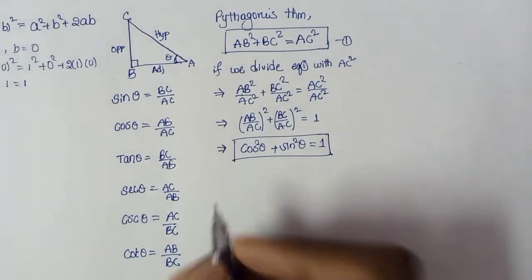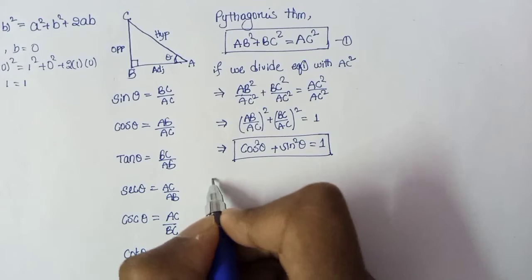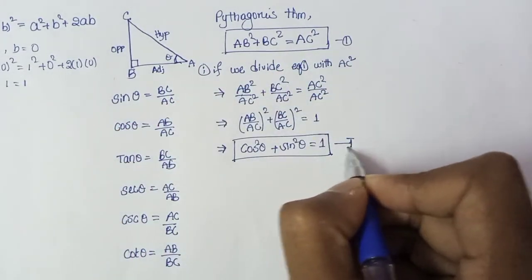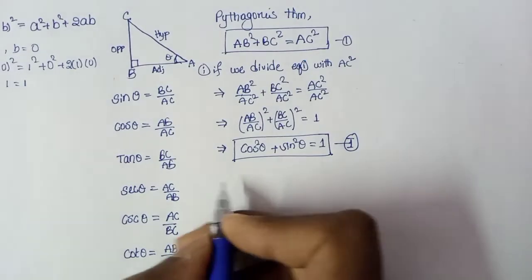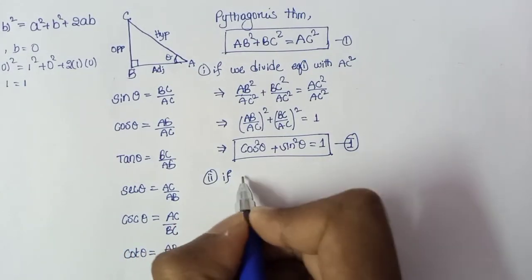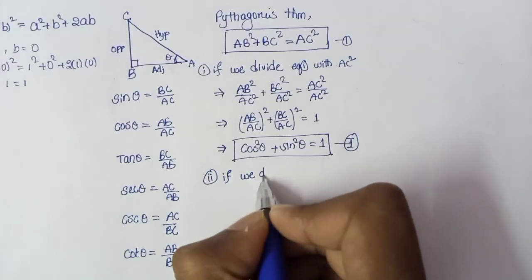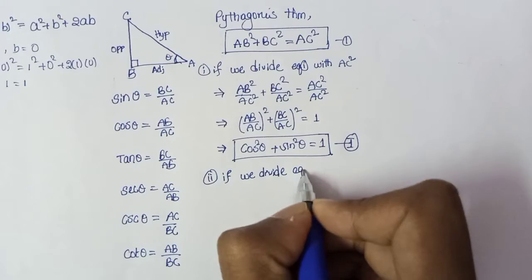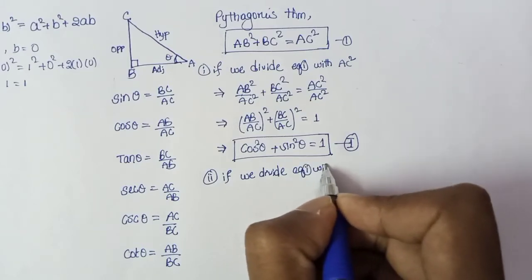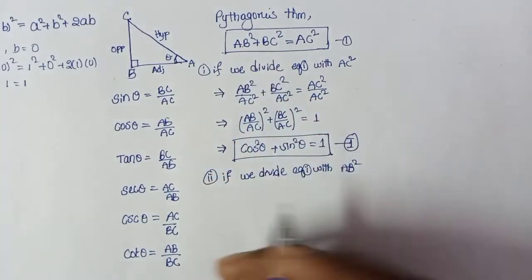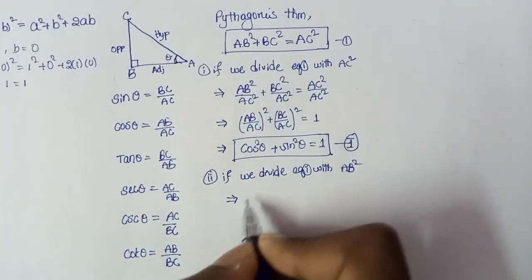Let's say this is our first identity in trigonometry. And next, the second case: if we divide equation 1 with AB square, what will we get?